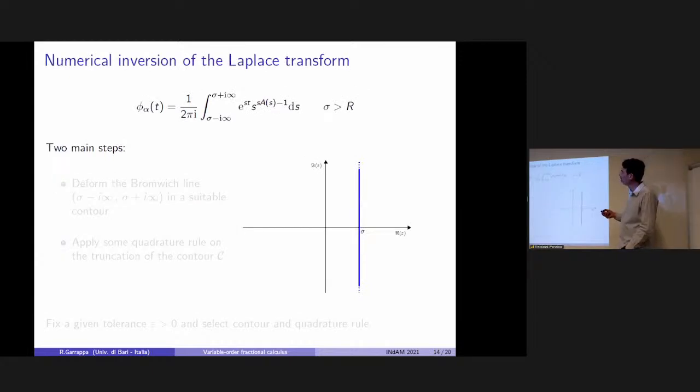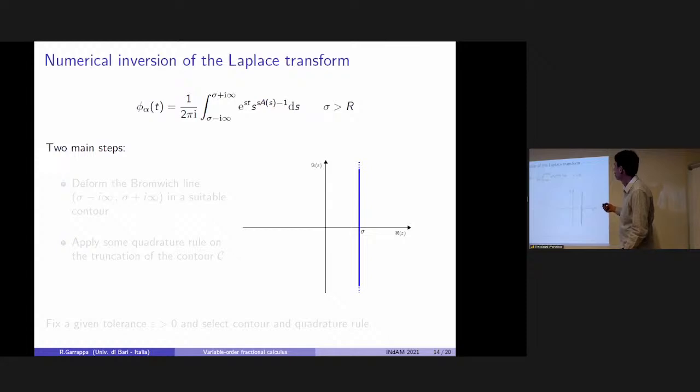By means of the formula for the numerical inversion of the Laplace transform, we write the kernel of the derivative, and the same for the kernel of the integral, in this way, as the integral on the Bromwich line.